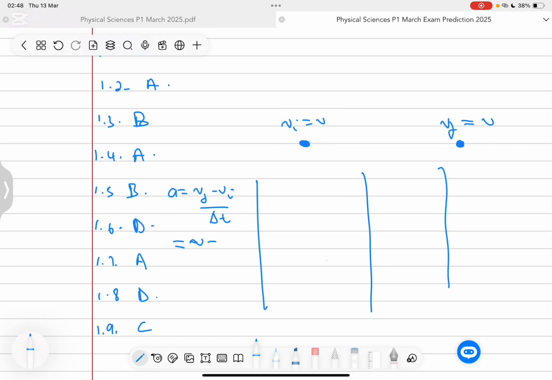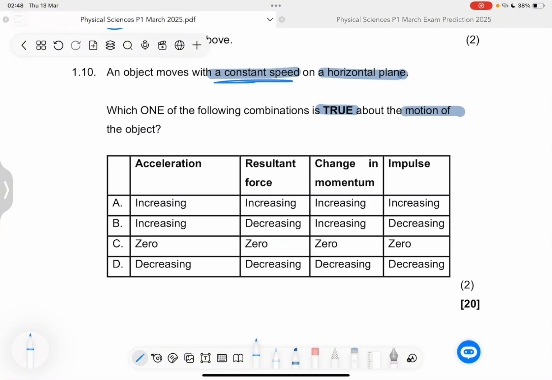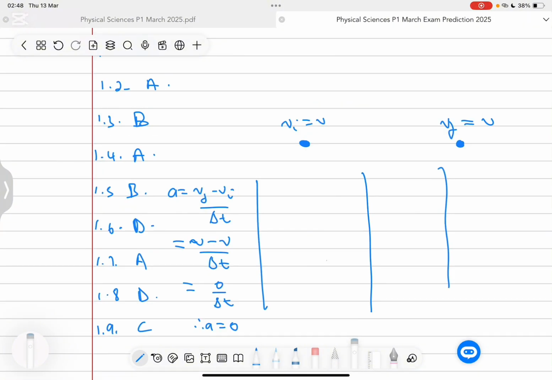So our initial velocity is also v, over change in t. Now you can see here that if you say v minus v, we get 0. So this means our acceleration is equal to 0. And we actually expected this answer because we know that when an object moves at a constant speed, the acceleration is 0. So this is just me showing you where it comes from.